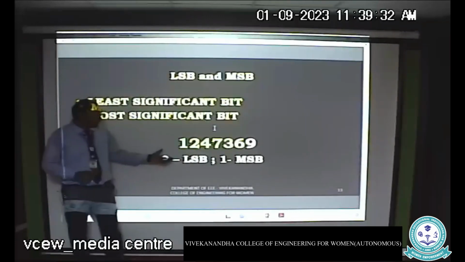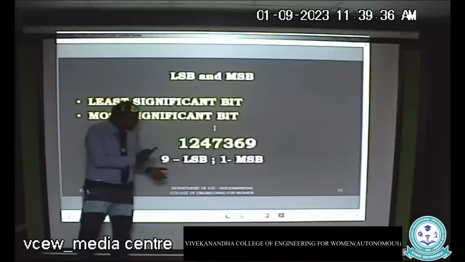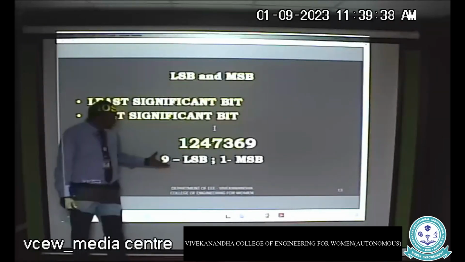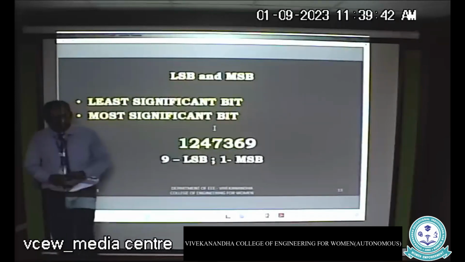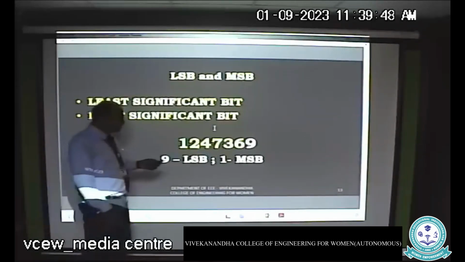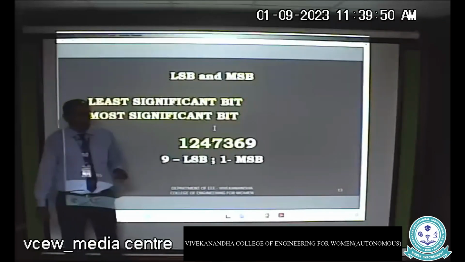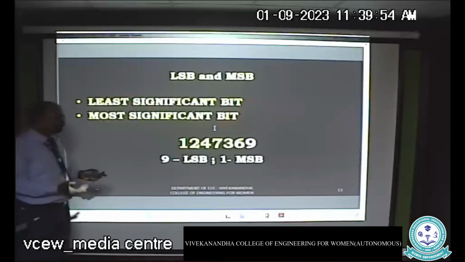This is carrying the most weightage, and 9 is carrying the least weightage. So we assume 9 is the LSB and 1 is the MSB. The same thing can be applied to any number system given, even binary numbers, decimal numbers, octal numbers and hexadecimal number systems.